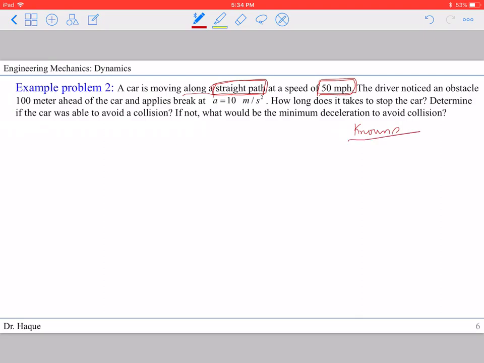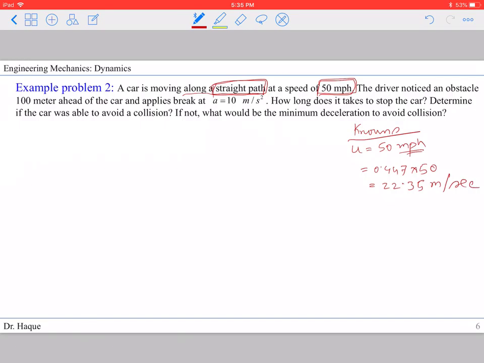Knowns: u equals 50 miles per hour. Now see, the unit is not meter per second, so I would like to convert it to meter per second, and the conversion factor is 0.447, so we get 22.35 meter per second. So this is the unit conversion.